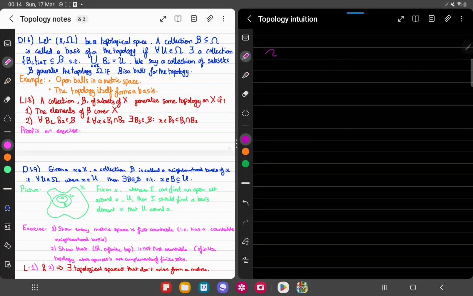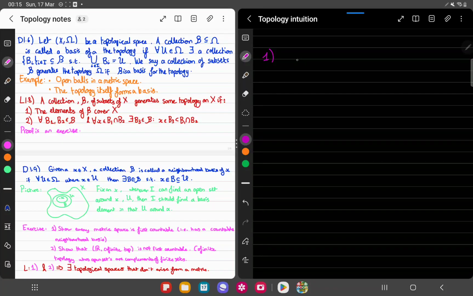Okay, so one gets proven because the definition of a basis says that every open set is the union of some sets inside of that collection.